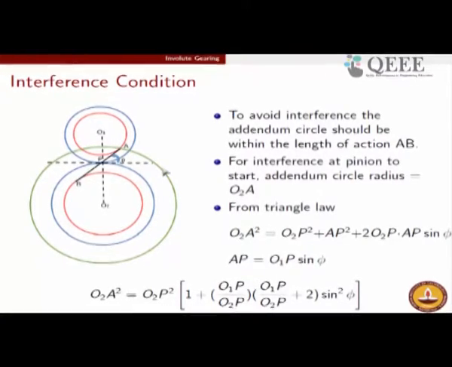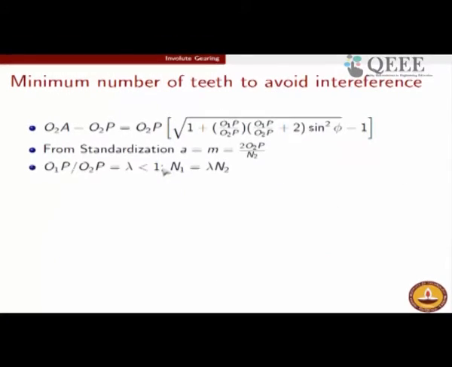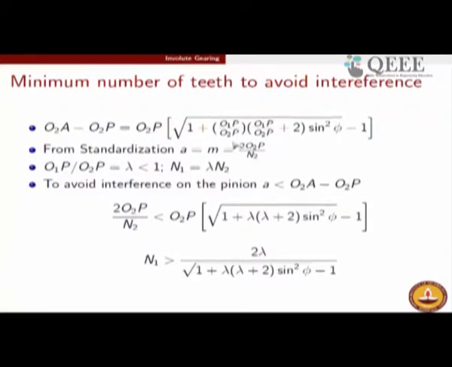So, the technical condition of interference boils down to the fact that the addendum must be less than what we have computed for the critical situation where the interference just occurs. Now, if we put back the value of addendum as 2 O2P by N2, and on the right hand side the expression we have already derived, this is what we get.